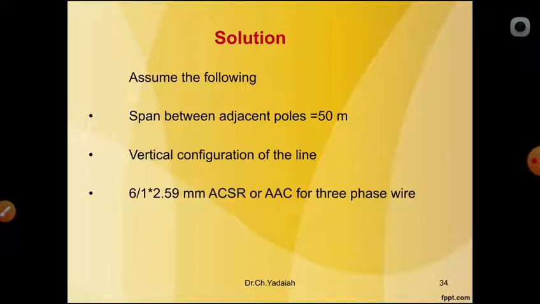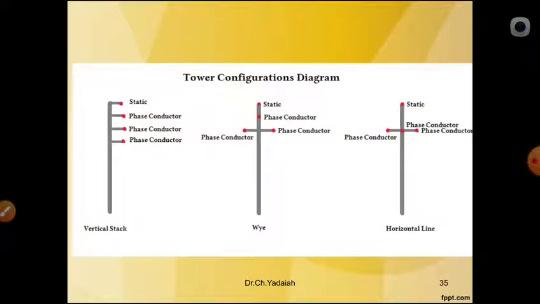And here the conductor is 6 by 2.59 ACSR, or aluminum conductor is required here. Okay, 6 by 1.211 mm ACSR conductor is required. Now you can see the tower configurations.